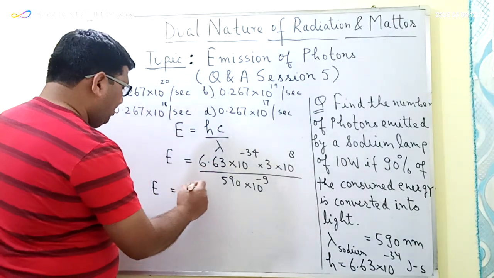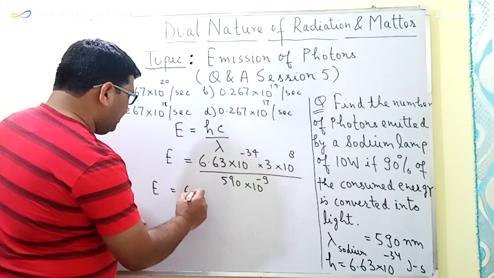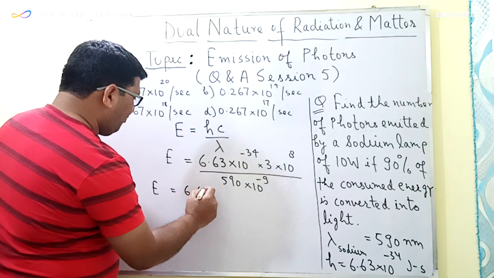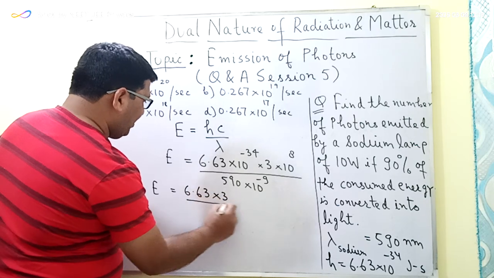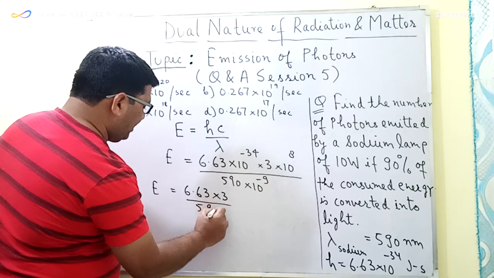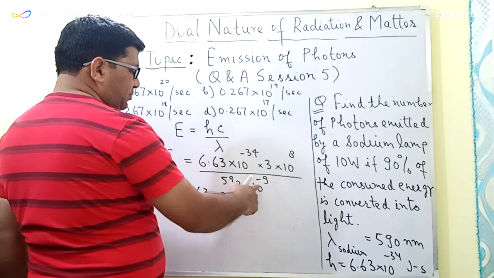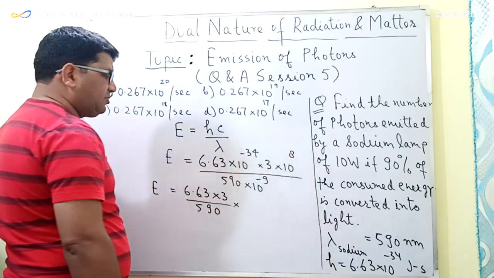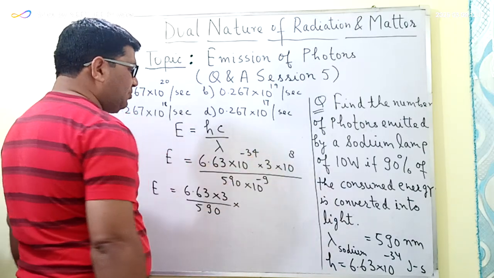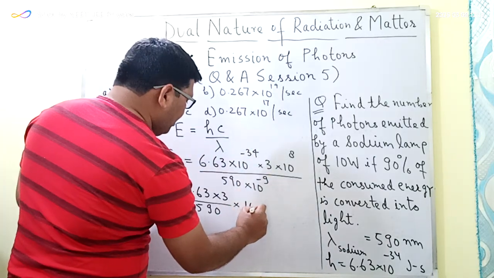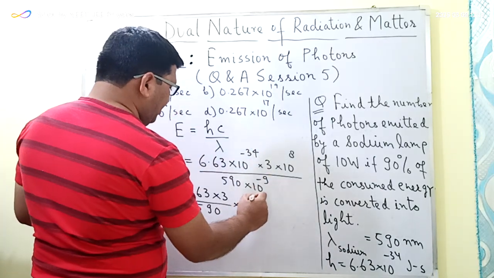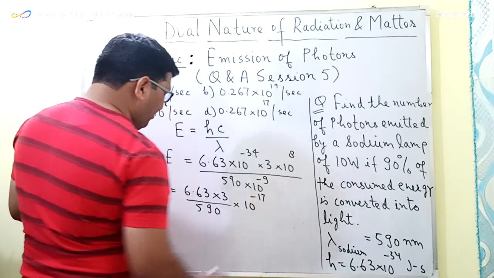The value will be 6.63 into 3 divided by 590 into, now this 10 to the power 9 will go in the numerator, so it becomes 8 plus 9, that is 17, and minus 34 plus 17 will be 10 to the power minus 17.